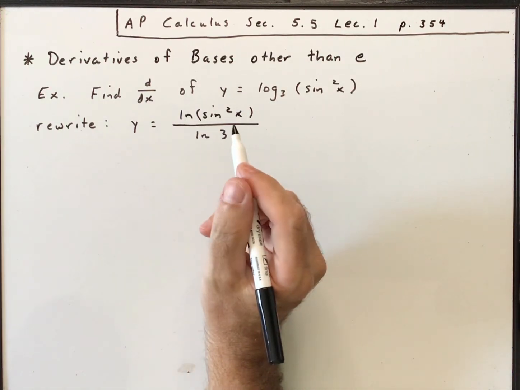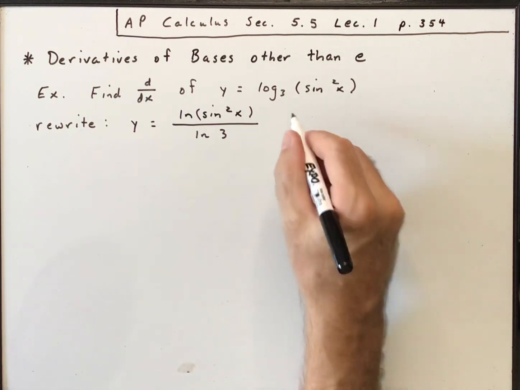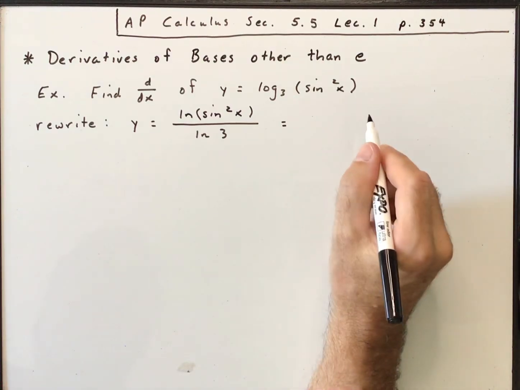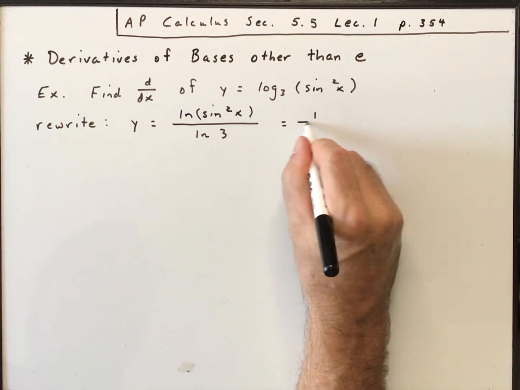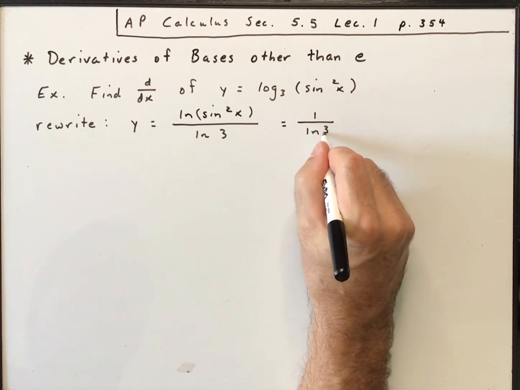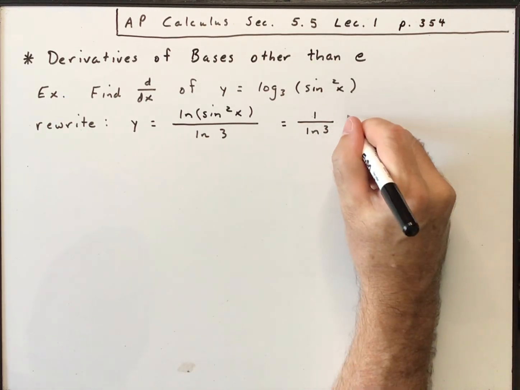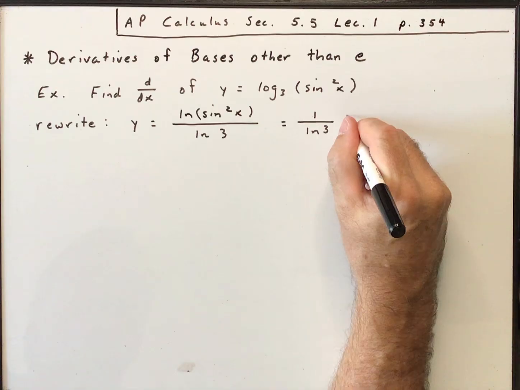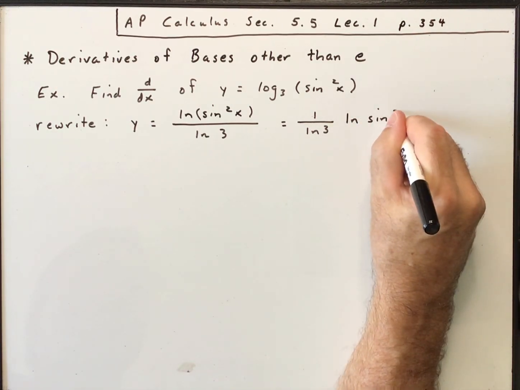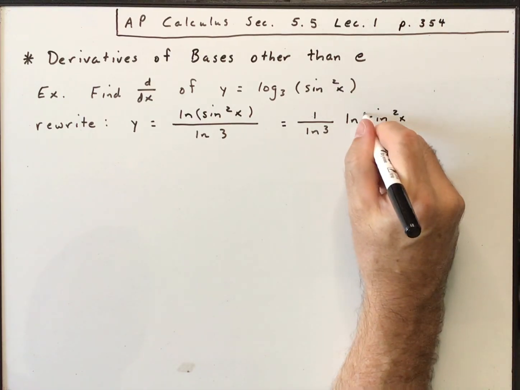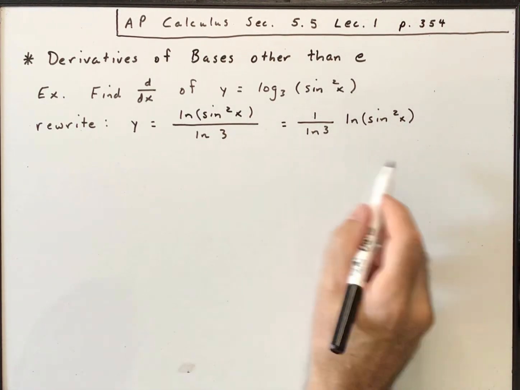Now I'm going to continue to rewrite to make my life a little easier here. Well, let's bring this natural log of 3 out front. 1 over natural log 3 times the natural log of sine squared x. So y is equal to that.